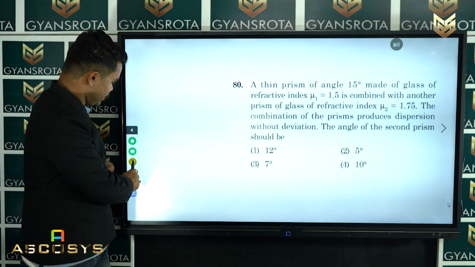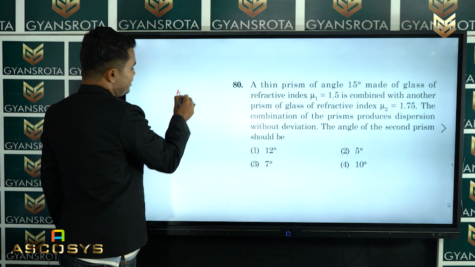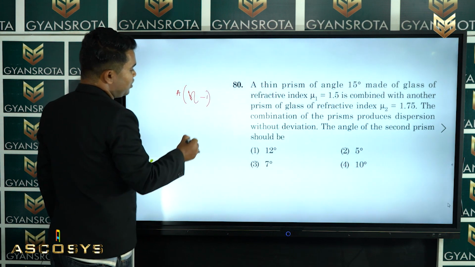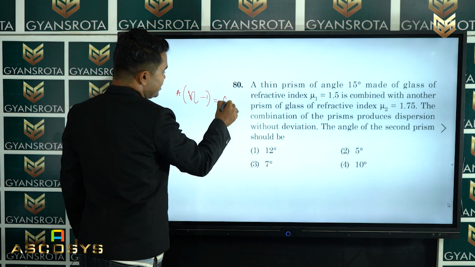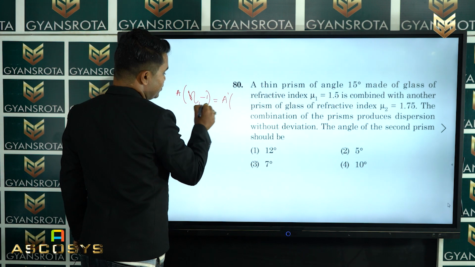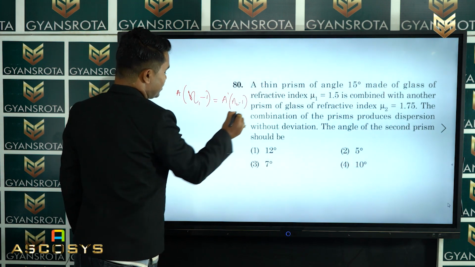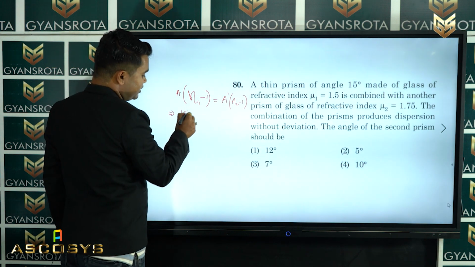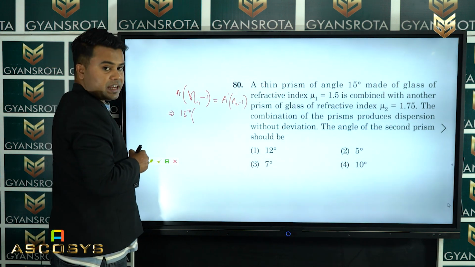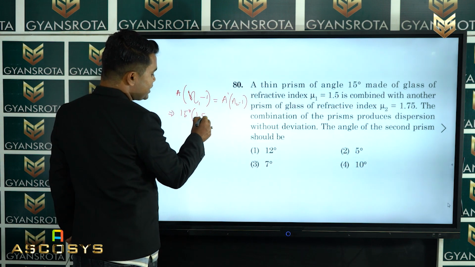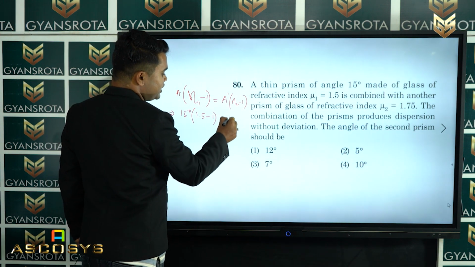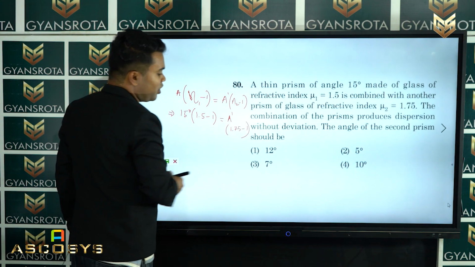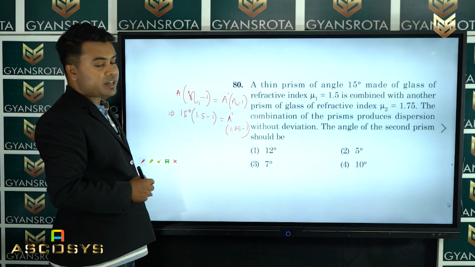So I can write A into mu minus 1 equals A dash into mu2 minus 1. The first angle is 15 degree, with refractive index 1.5 minus 1. A dash we need to calculate, and mu2 is given as 1.75 minus 1.